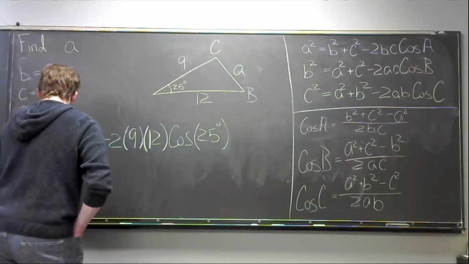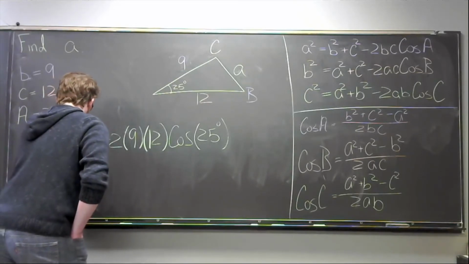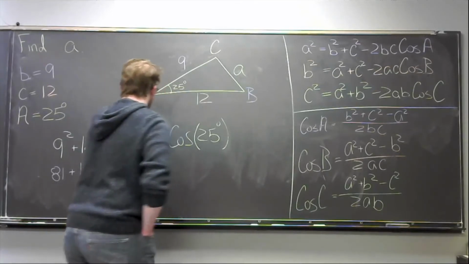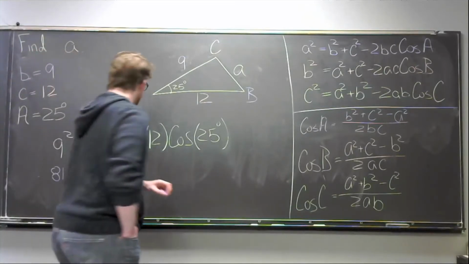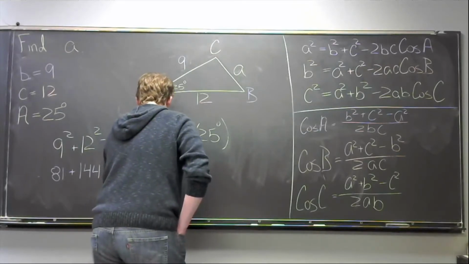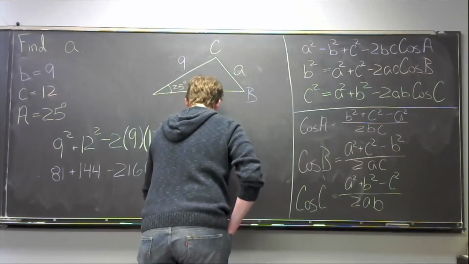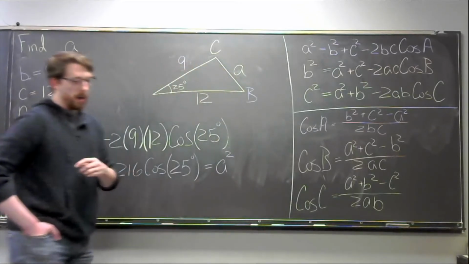This is going to come out to be 81 plus 144 minus 9 times 12 is going to be 108, times 2 is going to be 216, times the cosine of 25 degrees. All that comes out to be A squared.